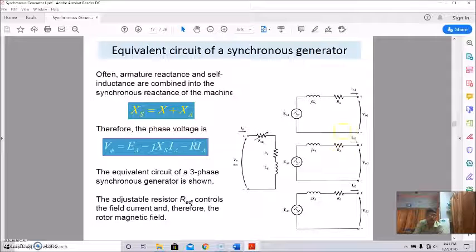So the per-phase stator equivalent circuit will be like this.